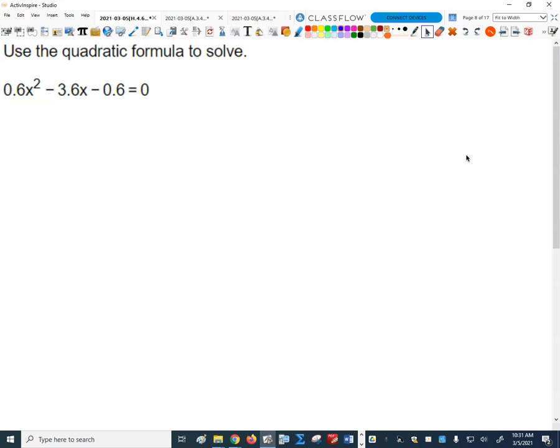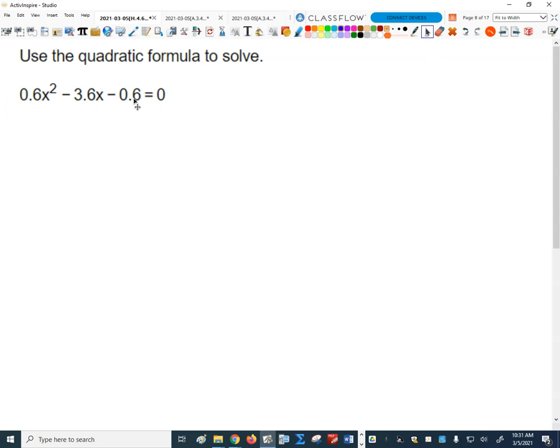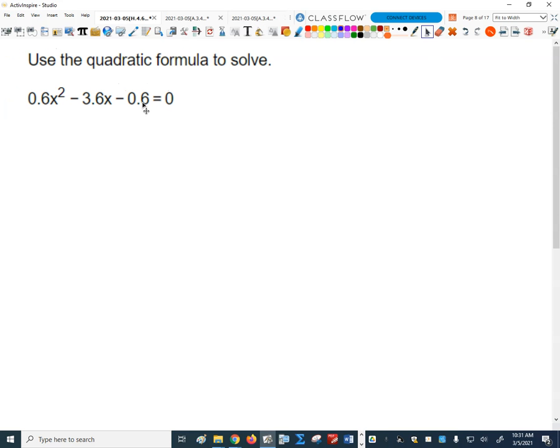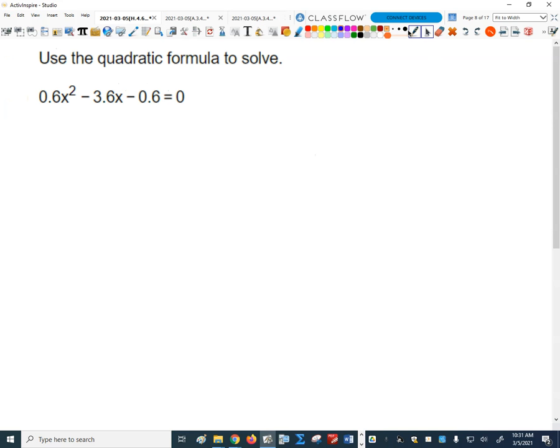The coefficients. Okay, good. I could just multiply by a big enough power of 10 so that I eliminate the decimals and turn those into integers, right? So I could just multiply through by 10 in this case.